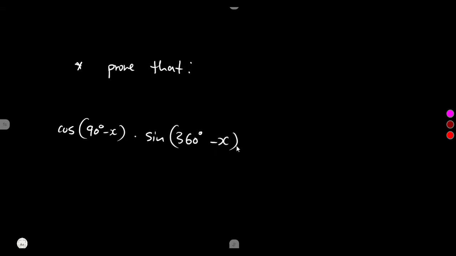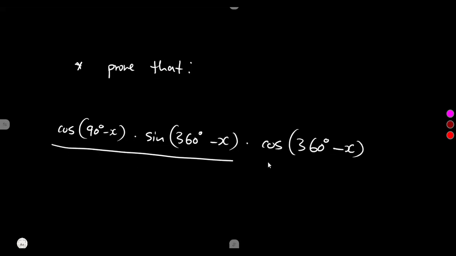You might be given a question like this: prove that the cos of 90 degrees minus x times the sine of 360 degrees minus x. So this one, we are going to use everything that we learned, everything from our reduction to the co-function.